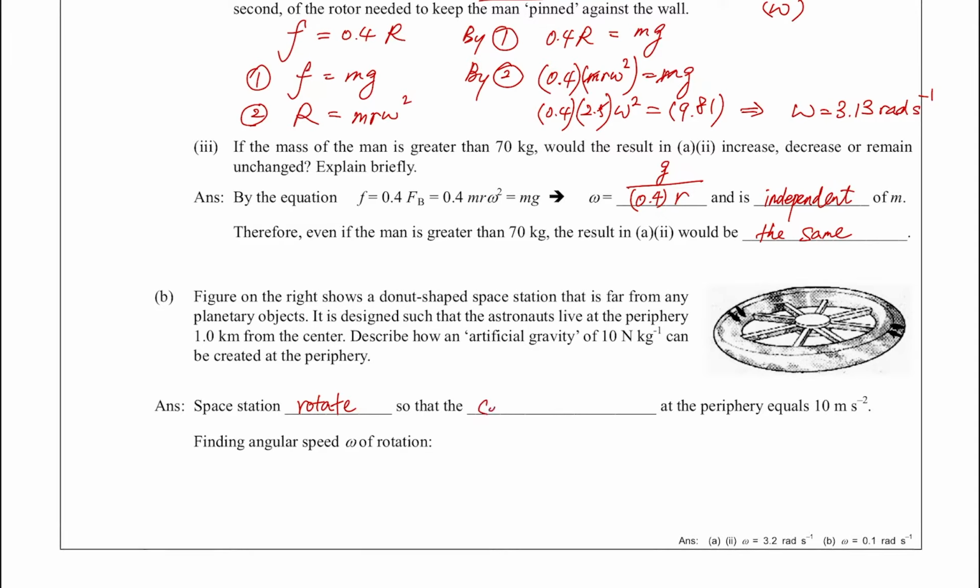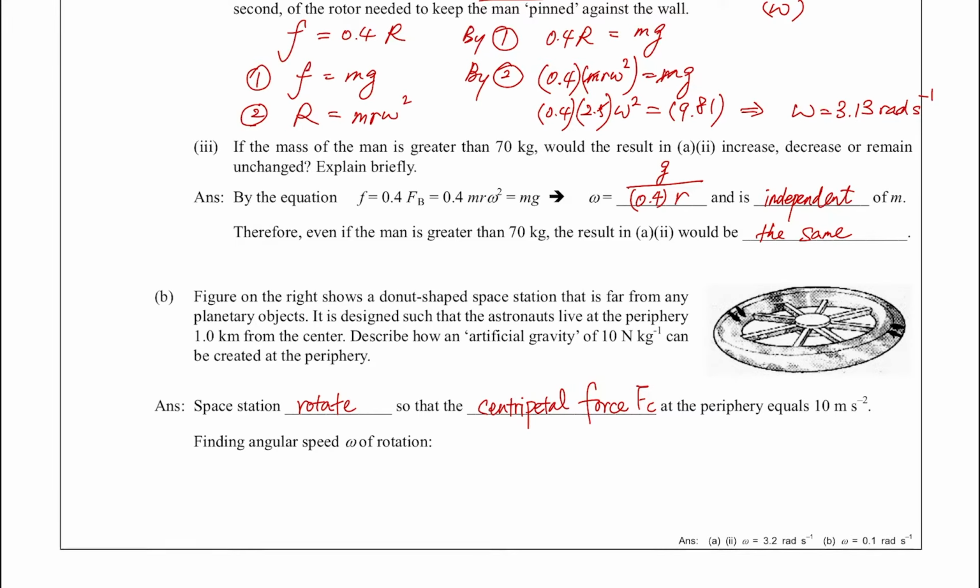So we can rotate the space station so that the centripetal force at the periphery equals 10 meters per second squared.